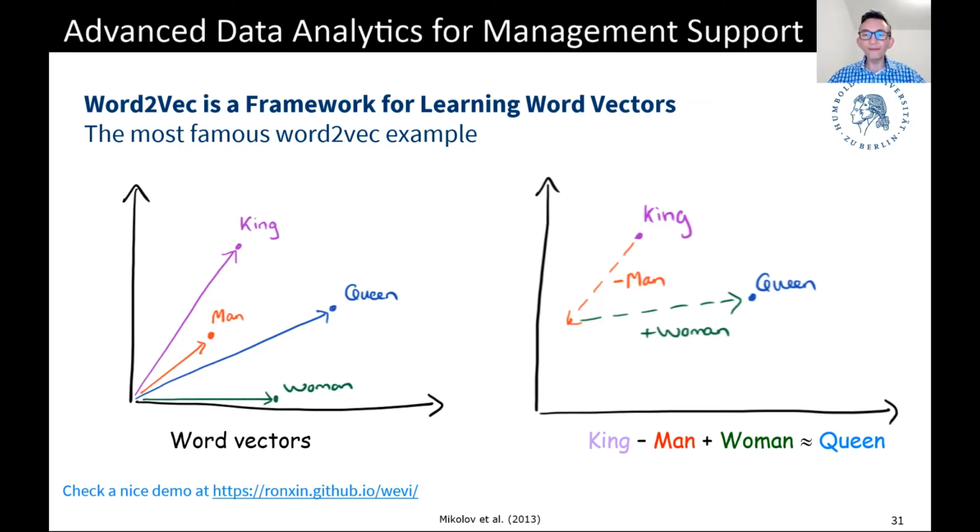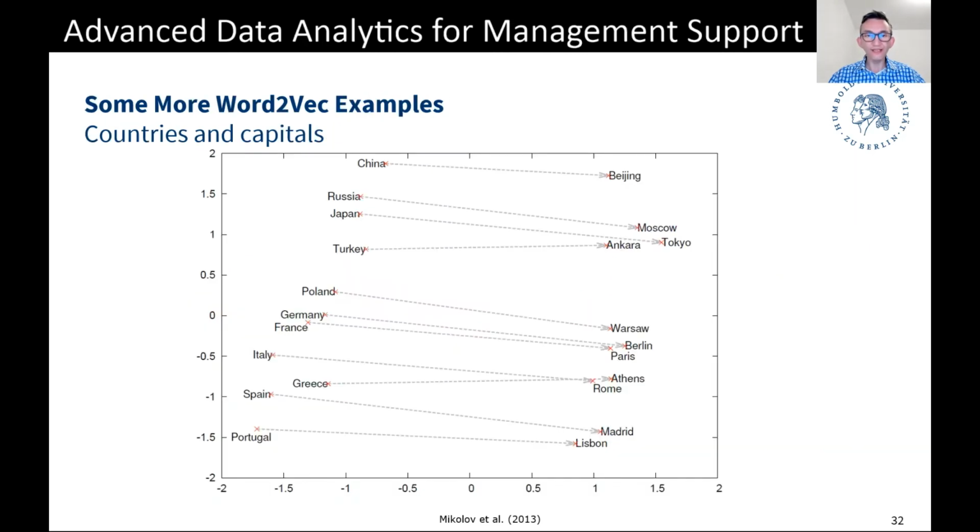That's one famous example. There is another one concerning cities and countries. That's this one here, where you can basically show that the relationship between the word vector of China and the word vector of Beijing is similar to that of Russia and Moscow, or Germany and Berlin. This is another form of a semantic relationship that the resulting word vectors exhibit.